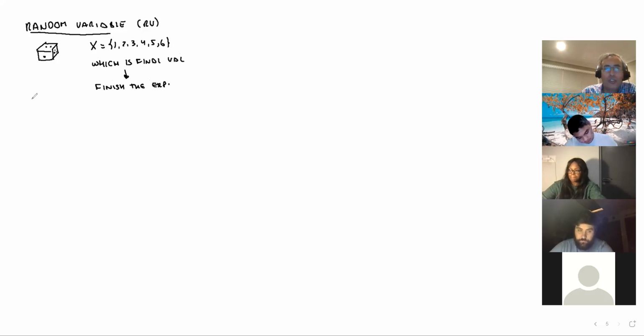Right? Now, there are two types of random variables, guys. One that is discrete. Very easy: take an interval, and if between values you see holes, this is discrete.